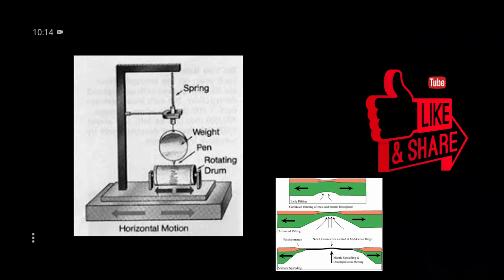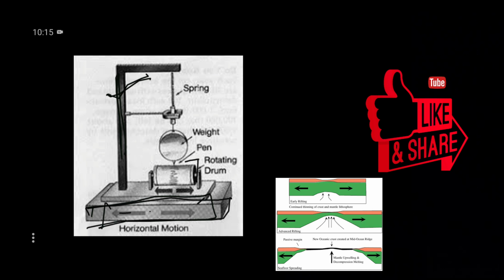Friends, you can see a figure of an instrument. This instrument is called a seismograph. With the help of this instrument, we can draw the seismic wave or the earthquake wave. This is the hanger or the stand of the instrument, and this portion is called the base of the instrument.